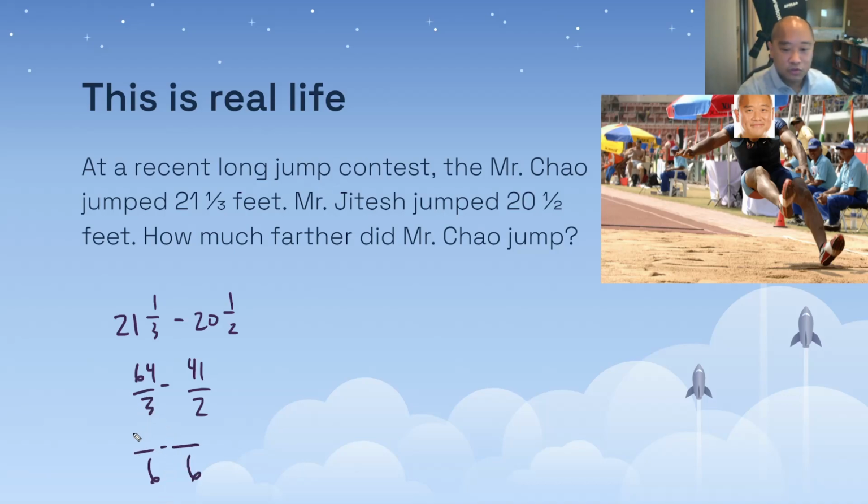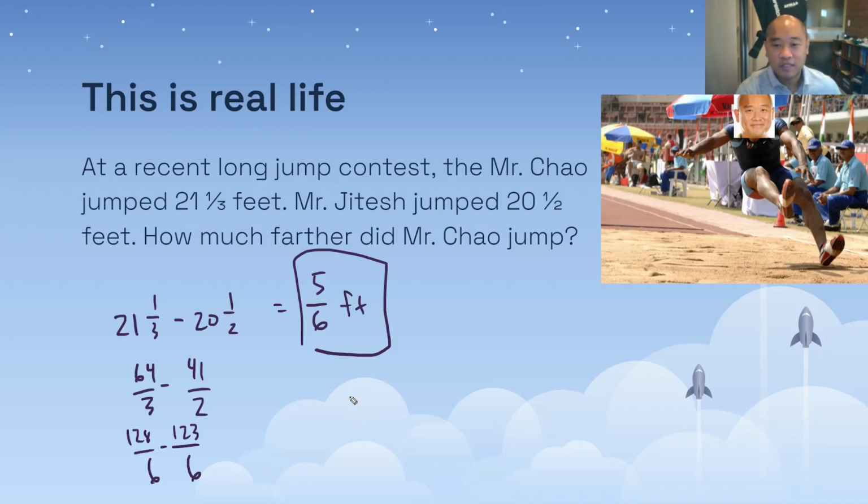So this times 2 is 128. This times 3 is 123. All right, so we subtract 128 and 123, and we get 5 over 6 feet. That's how much farther I jumped.